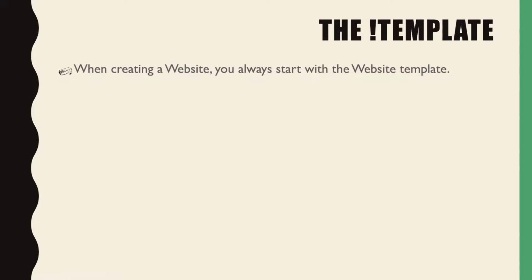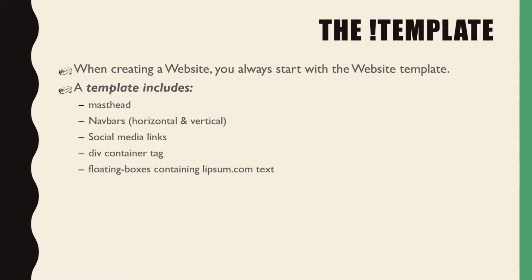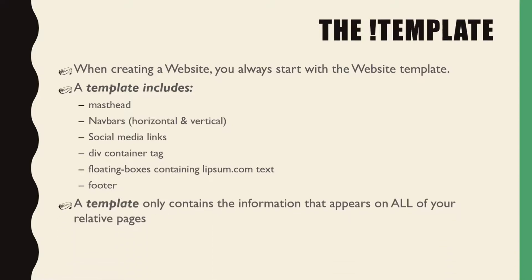The template. When creating a website, you always start with the website template. A template includes the masthead, nav bars, your horizontal and vertical, relative and absolute links, social media links, the div container tag, floating boxes containing lipsum.com text, and the footer.